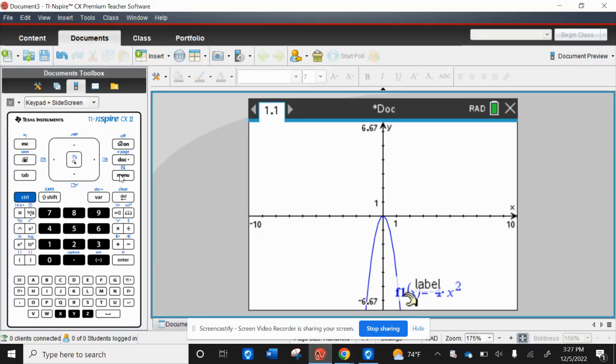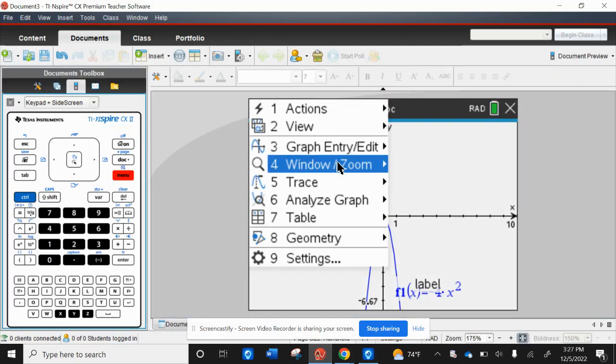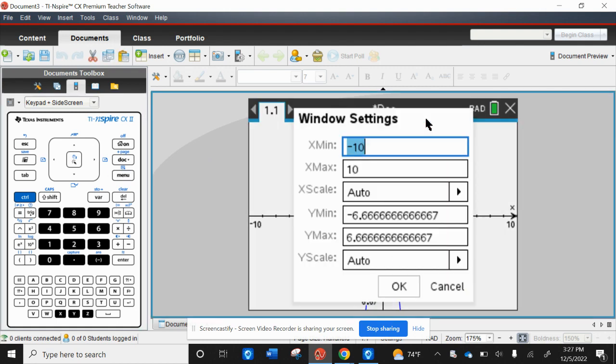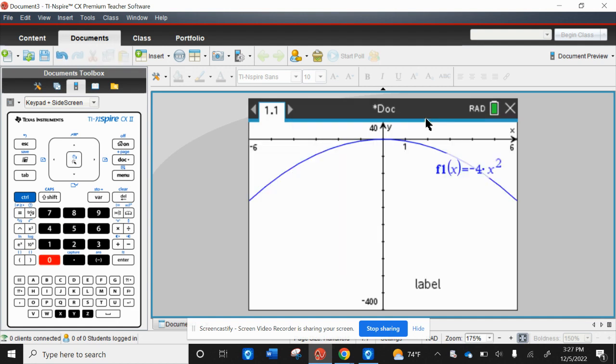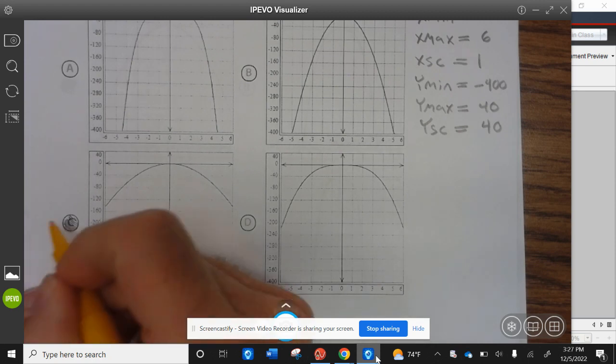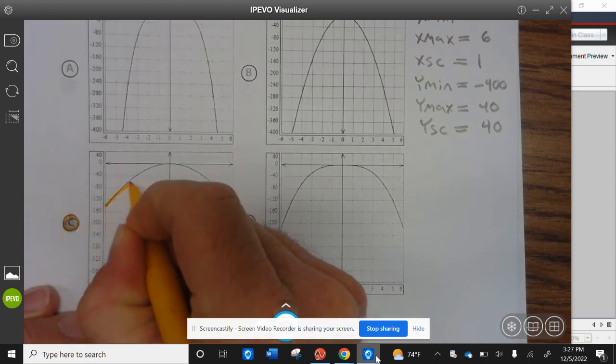We're going to go to Menu, Window Zoom, Window Settings. So then that's negative 6, 6, 1, negative 400, 40, and 40. And you can see that that graph best matches choice C.